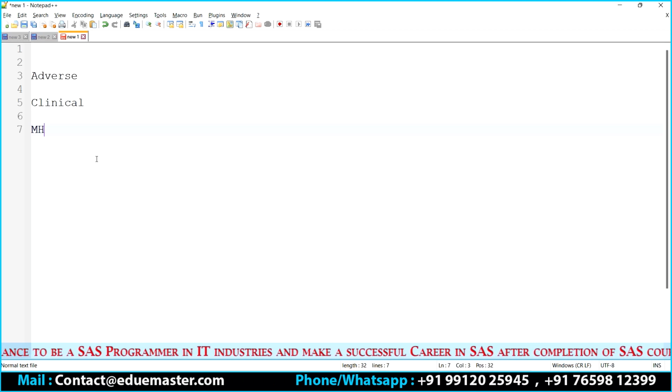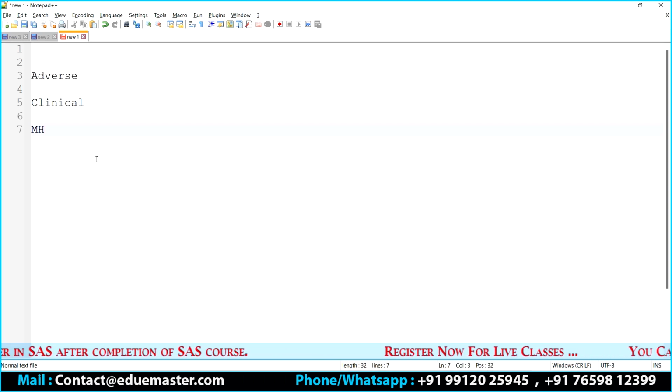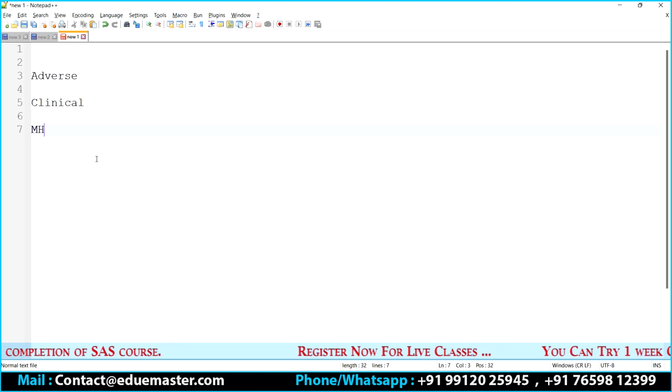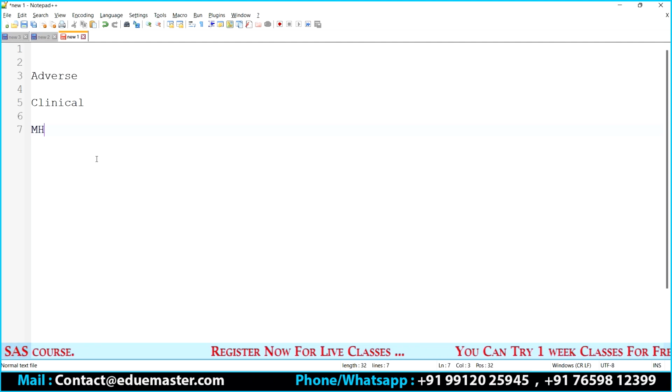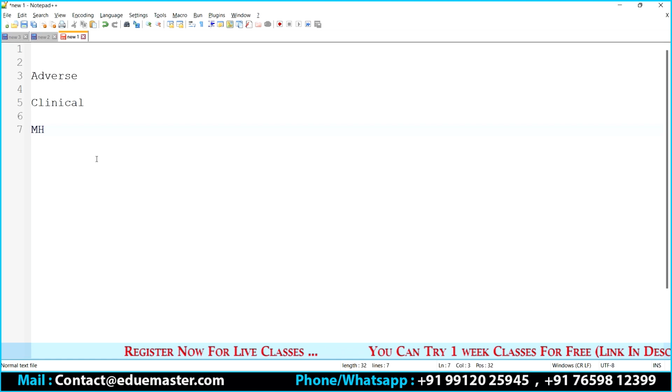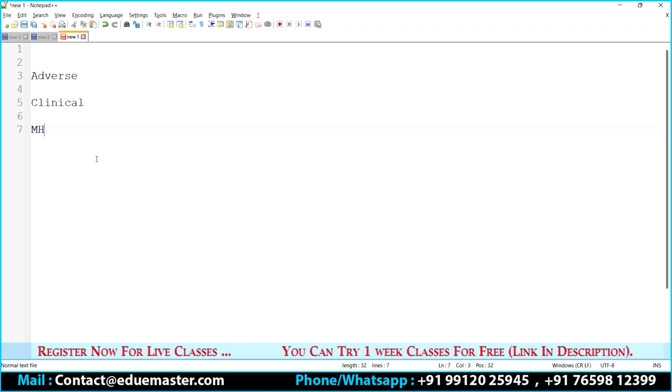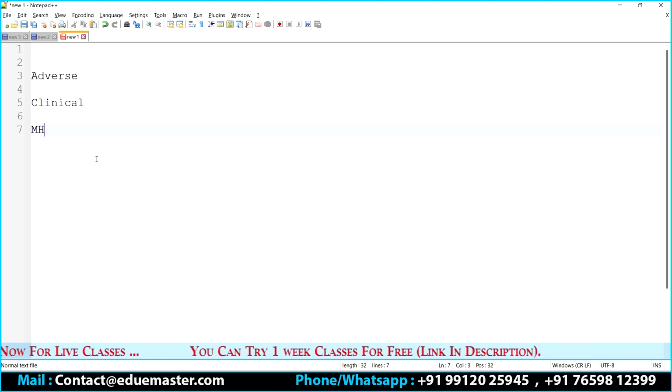Medical history records the previous history. From the time you sign your consent form until before you start your treatment, between that period you record all the medical history. You need to say what kind of diseases or illness that particular subject faced, and whether the subject faced any accidents before.